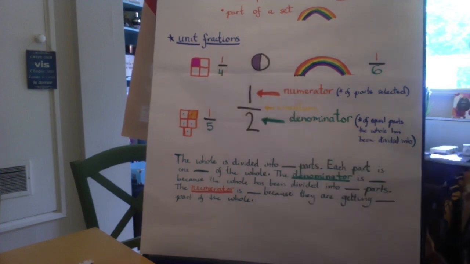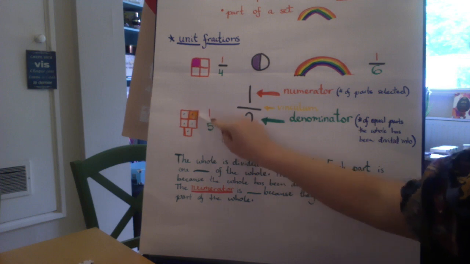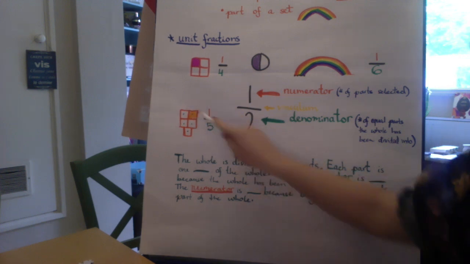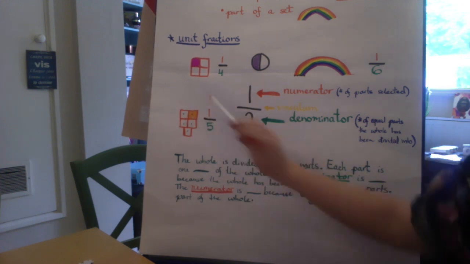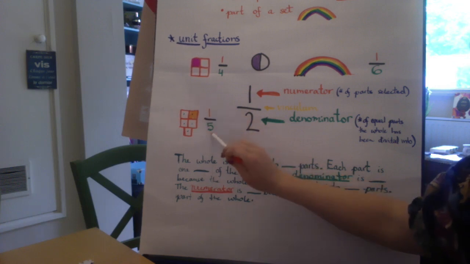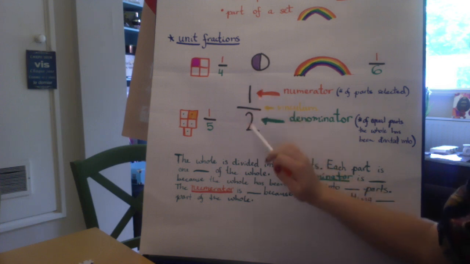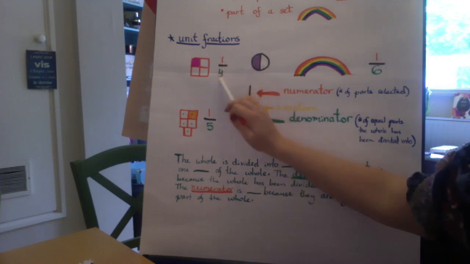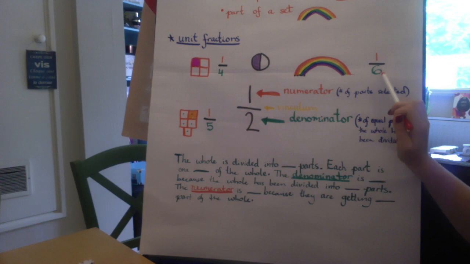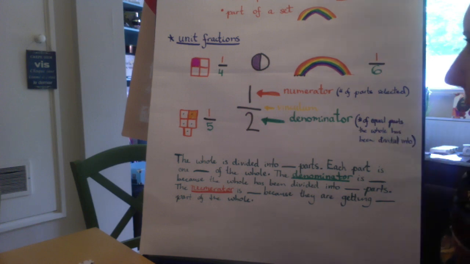Now this might be that it's taken away, or it might be that it's the only one left. It depends what the question is. But here we just see that it's one part that's been selected out of the 5. So we have 1 out of 5, or 1/5. 1 out of 2, 1 out of 4, 1 out of 6 in that case.